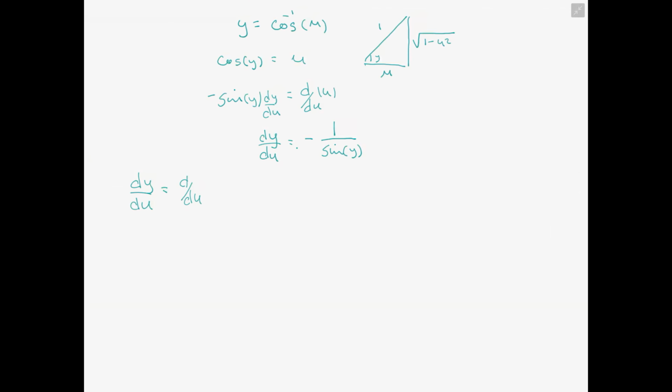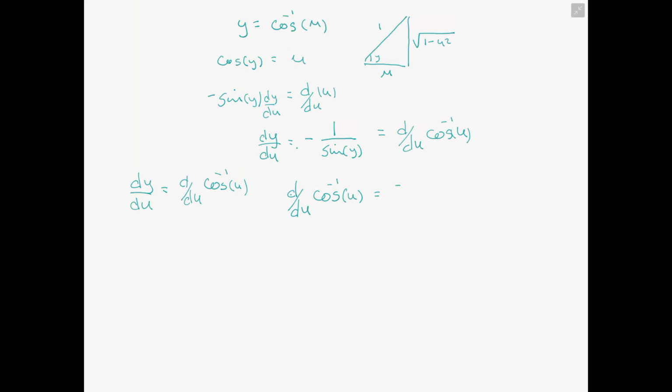But dy/du is equal to d/du of the arc cosine of u. So that's what that is, d/du of arc cosine of u.